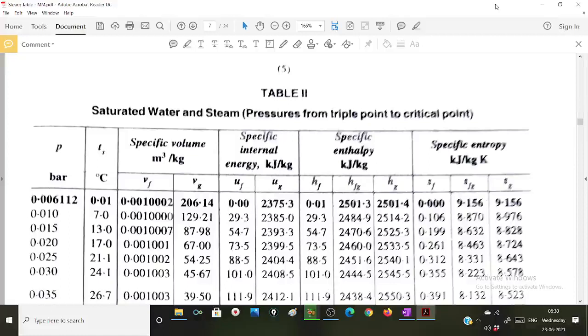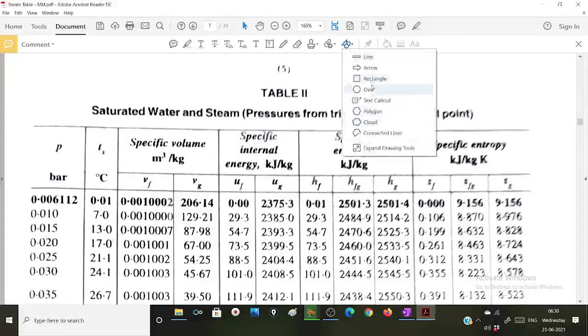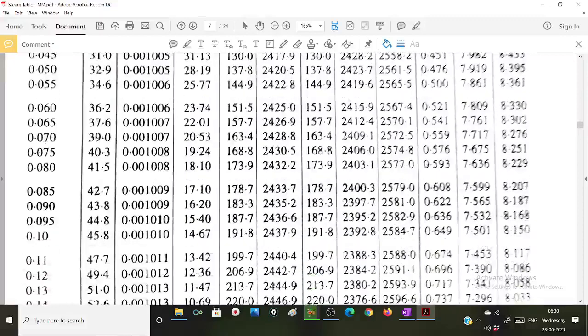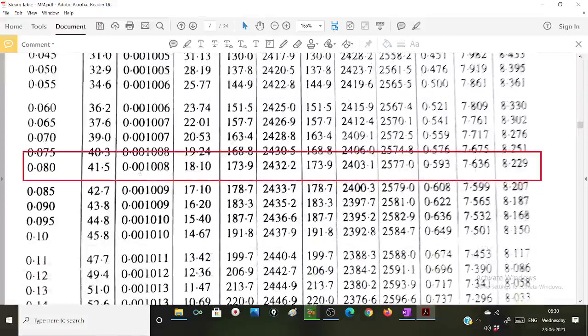So let us refer to steam table number 2, and in this table locate the 0.08 bar pressure. So this is the 0.08 bar pressure. Corresponding to 0.08 bar pressure, I can obtain different values of specific volume, enthalpy, hf, hfg, sf and sfg from this table.